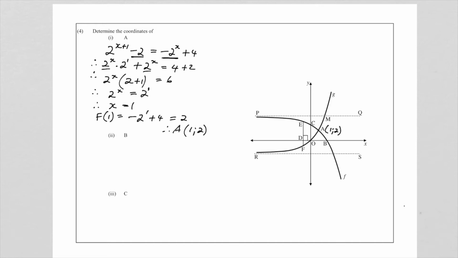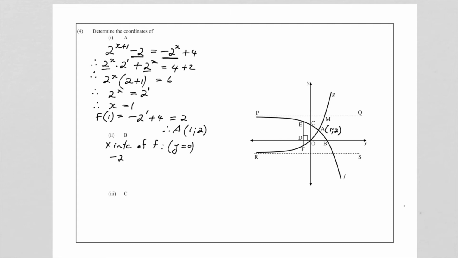In the next one, they ask us to find the coordinates of B. If you look at the drawing, you will see that is B, and that is the x-intercept of function f. So we're going to take the f function and we're going to find the x-intercept of f. So that means we're going to substitute y with 0.